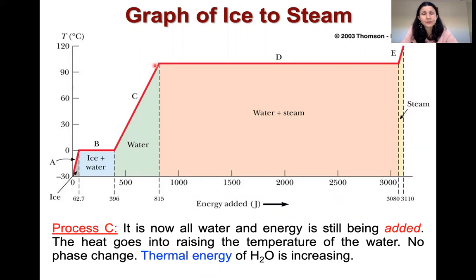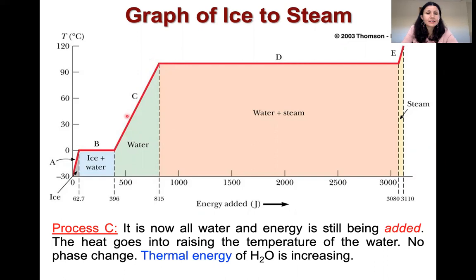What's special about 100 degrees Celsius? It's actually not directly marked here, but you can see it's a bit more than 90. That's the boiling temperature of water. So that's when water will start to vaporize.